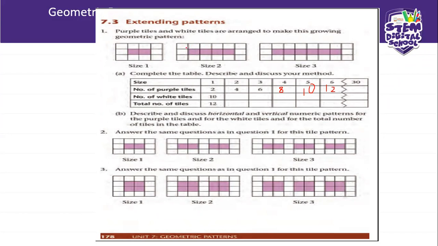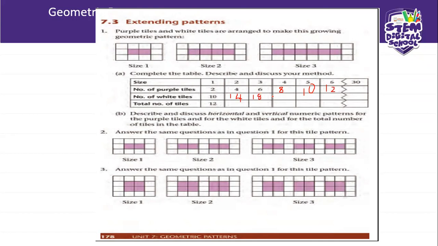Counting again, it's 14, not 16. So in the second size you get 14 blocks, and from the first to the second the difference is 4, so we keep adding 4.